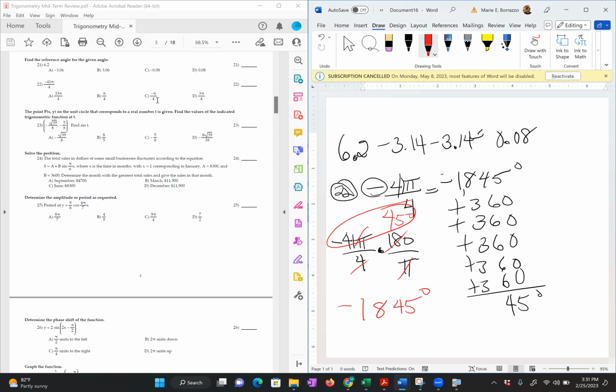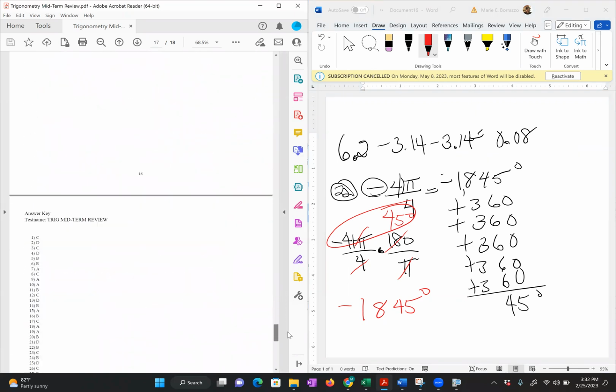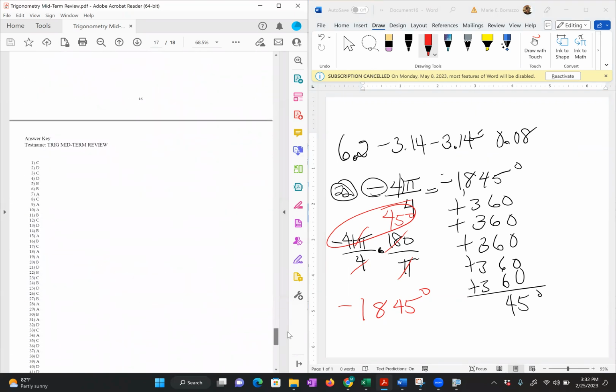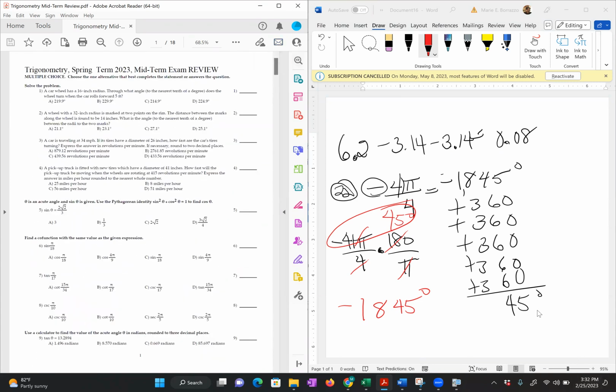I went with 1845, so I did start with a positive. That's why I got that number. Let's see what that number is. It should be 22. Let's debunk what it's supposed to be. So 22, yeah, should be B, should be positive 45 degrees.